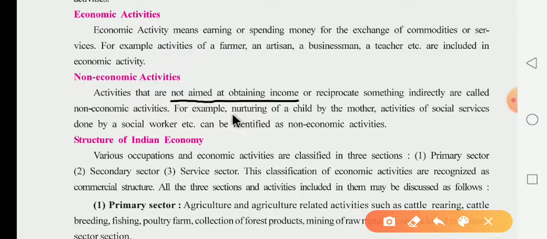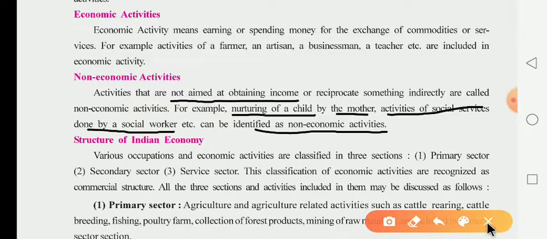Here the examples are nurturing of a child by the mother and activities of social services. Also you have to include the activities of NGOs, non-government organizations. All these kinds of activities done by social workers can be identified as non-economic activity.